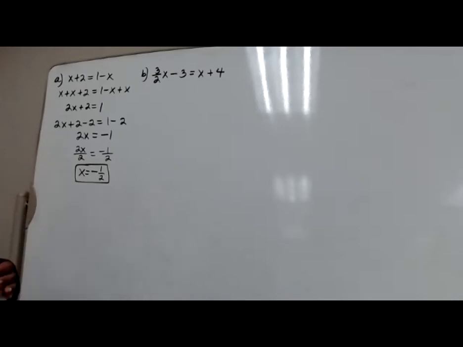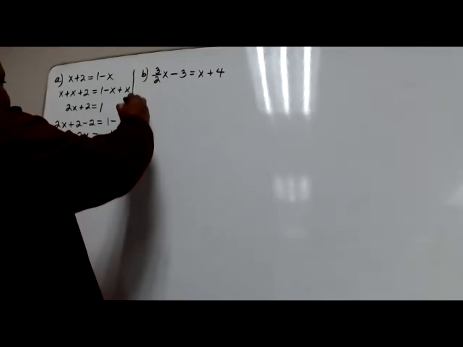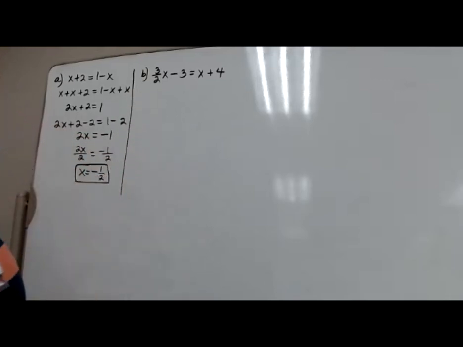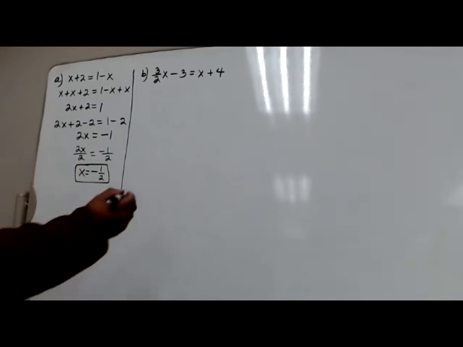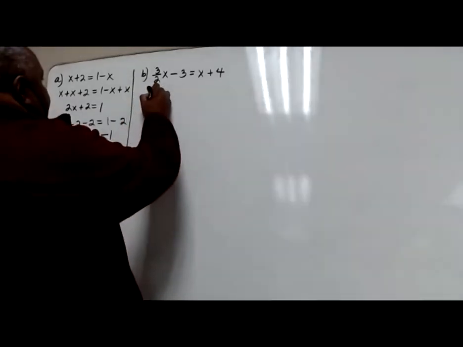What would be the first thing I need to do to solve this equation? The first thing I did was change the fraction to a decimal, so we can just see it better. What would be 3/2 as a decimal? 1.5.